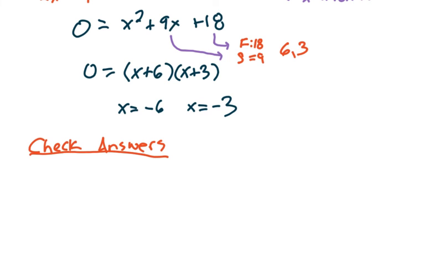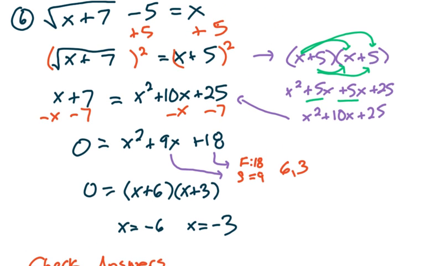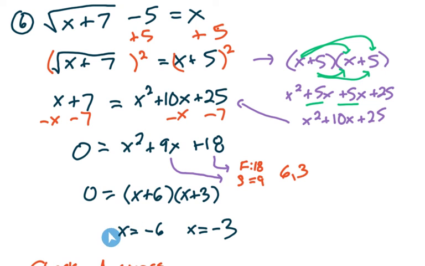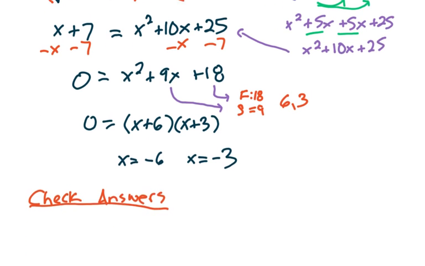To do that, we are going to take our x's, these two, and plug them into the original equation. So the square root of x plus 7 minus 5 equals x.